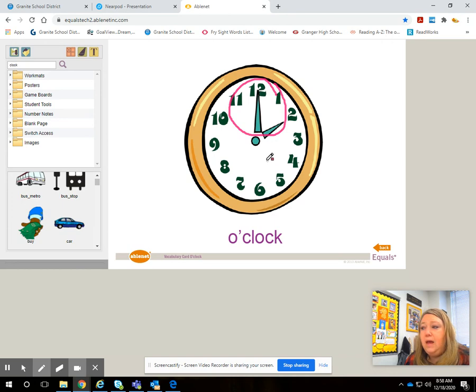Right now on this clock, we have our big hand on the 12, and our little hand is pointing to the 2. So in this particular circumstance, it is 2 o'clock. Whenever this big hand is on the 12, it says o'clock.